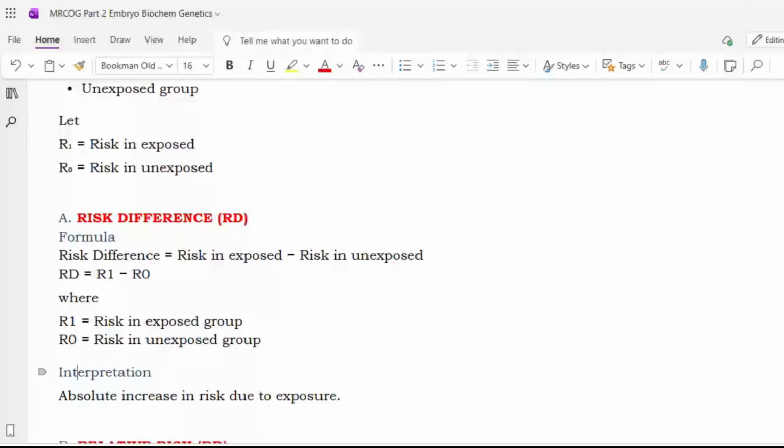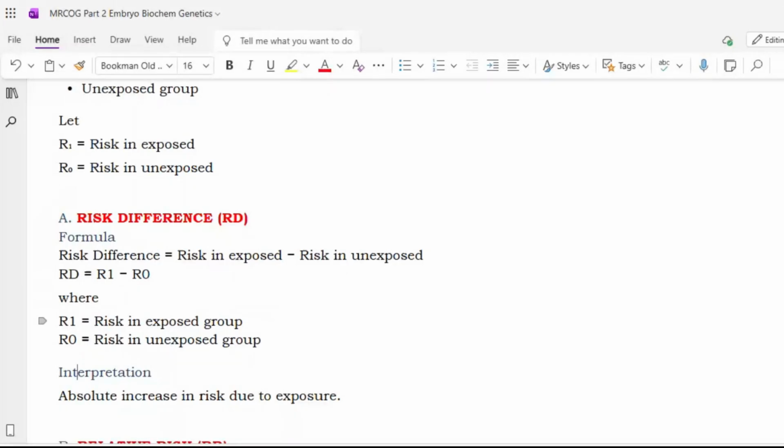So RD equals R1 minus R0, where R1 is the risk in the exposed and R0 is the risk in the unexposed group. The interpretation is the absolute increase in the risk due to the exposure. So this much is the increased risk because of the exposure, because there is going to be a baseline risk otherwise also for both the groups.